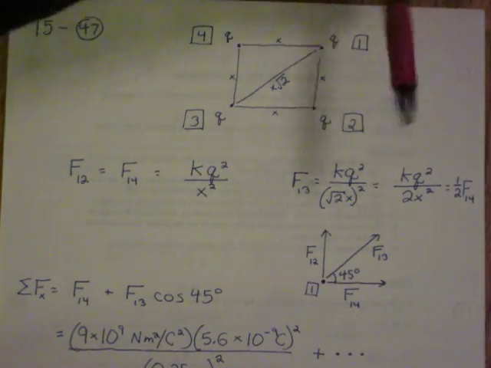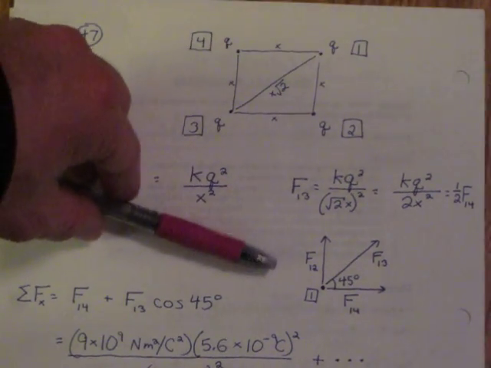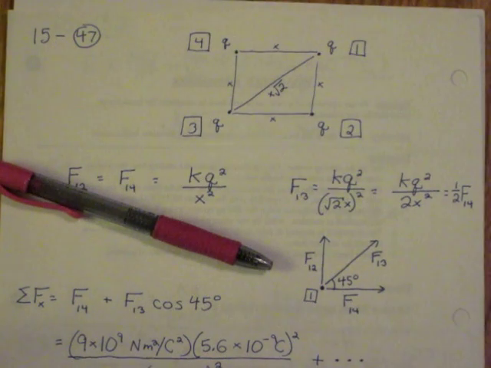When I draw a free body diagram, because we're going to have to break this up into its vectors, on charge 1 we have the force F12 pushing it up, the force F14 pushing it to the right, and the force F13 pushing it at a 45-degree angle.